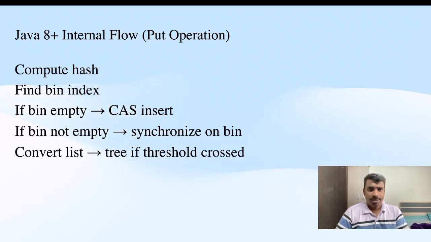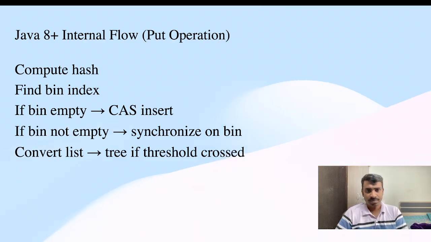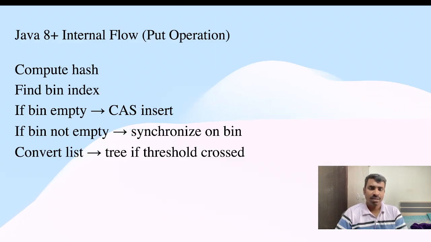In Java 8 plus, the internal flow of put operation: first it will compute the hash value, then it will find the correct bin index. If the bin is empty, with the compare and swap technology it will insert. If the bin is not empty, it synchronizes on the bin, and converts the list to a tree if the threshold is crossed.